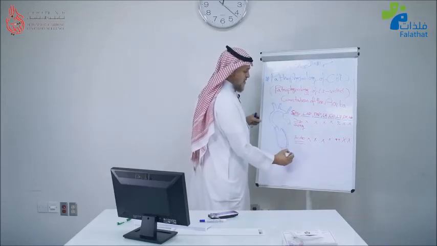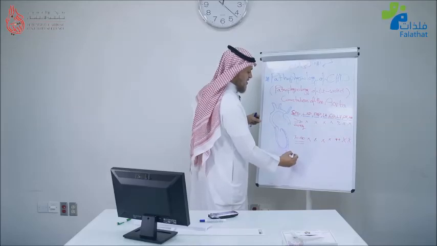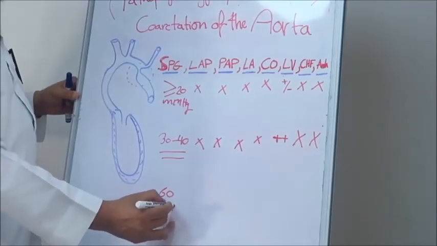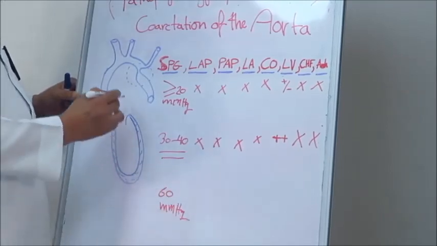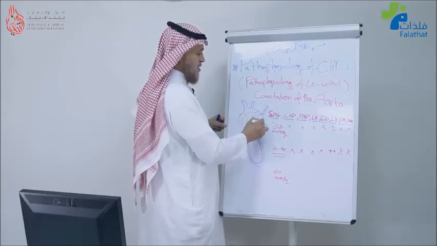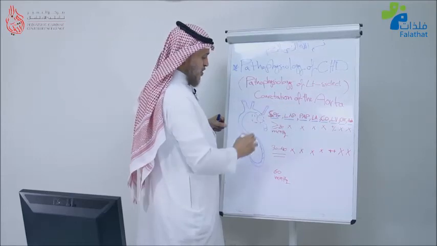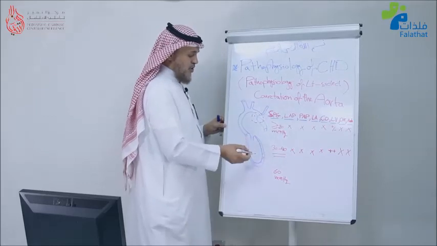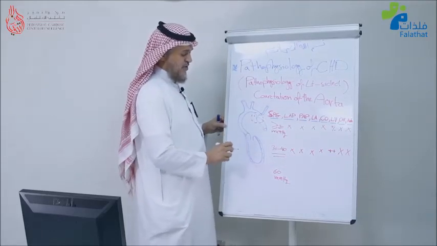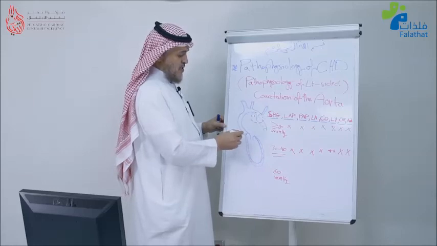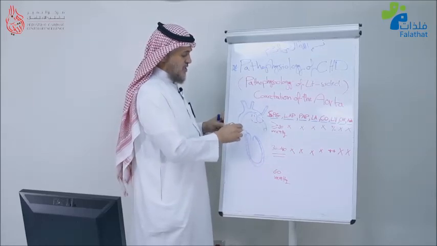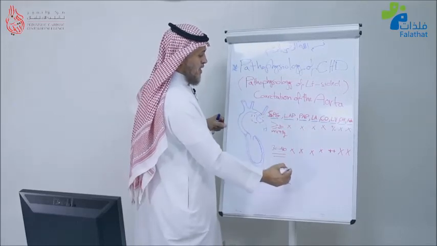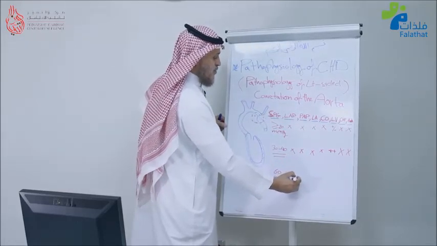If it goes to a gradient of more than 40, let's say we have a gradient of 60 millimeters of mercury, then this is quite severe aortic coarctation. If it causes significant elevation of the left ventricular end diastolic pressure, whether just because of direct pressure effect or because of associated aortic valve regurgitation or mitral valve regurgitation, we can have left atrial pressure elevation.